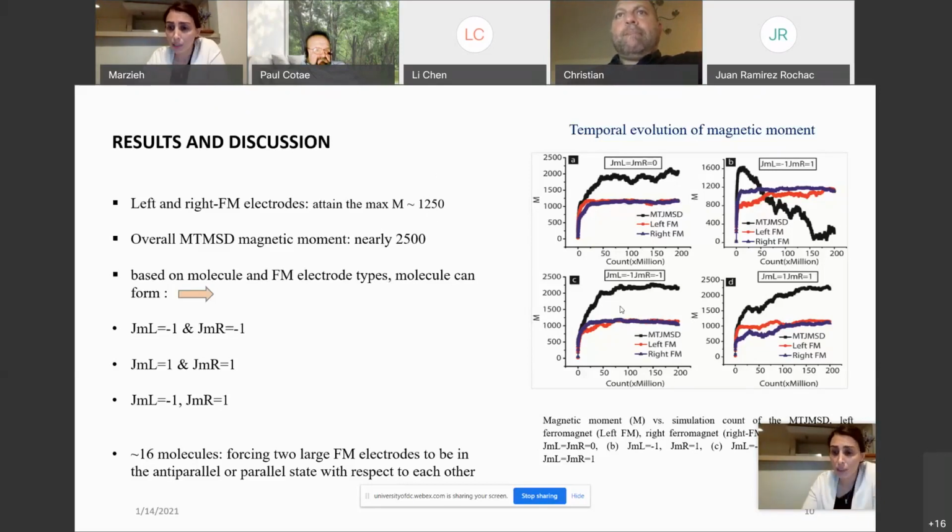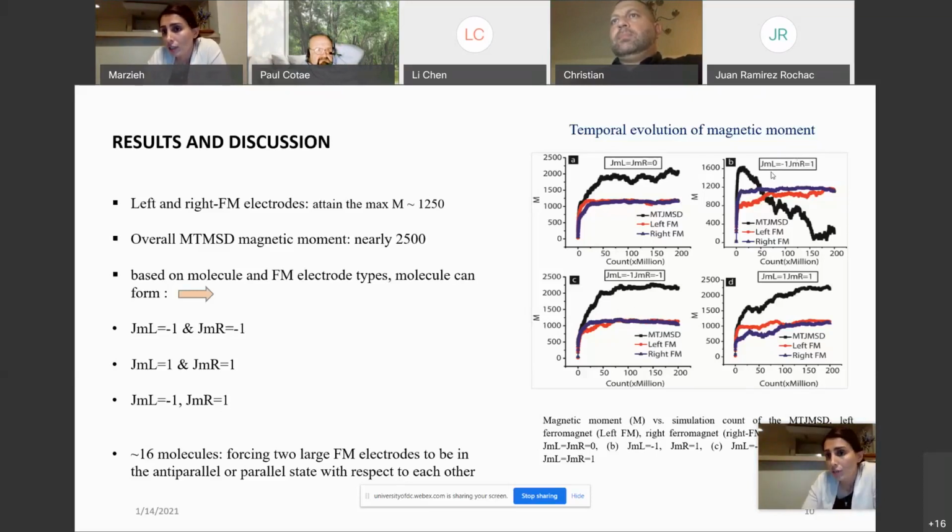We hypothesized that by increasing the magnetic couplings between the molecules and the electrodes, we can see a very significant change in the device behavior in terms of magnetization.